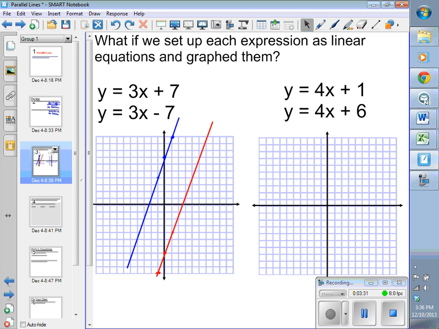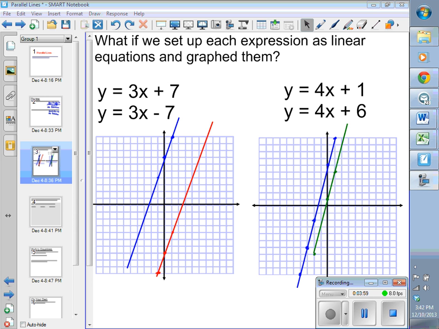So we have a slope of 4x and a y-intercept of 1 on the first line and a y-intercept of 6 on the second line. I will pause on this one and go ahead and graph, and you can do the same. Okay, I hope you weren't watching the timestamp on that one because that one took me forever. I normally am better with my line tools than that. But anyway, as you see, we have 2 lines and we've graphed them.